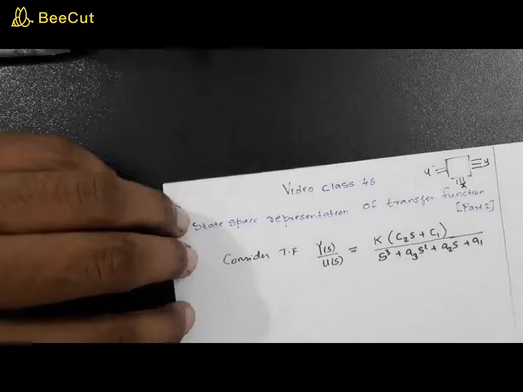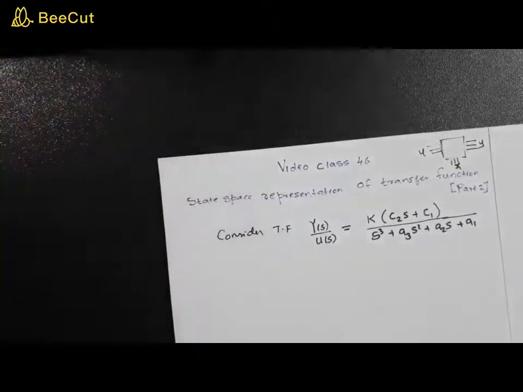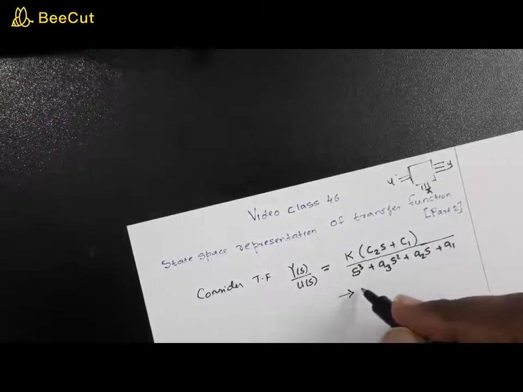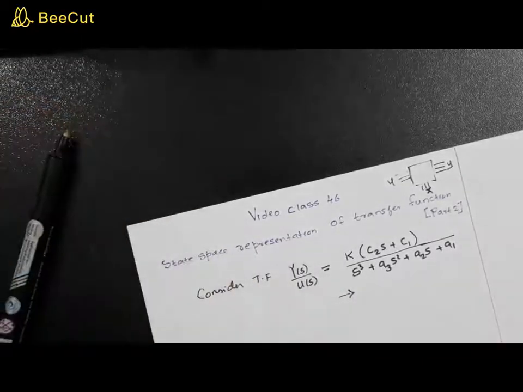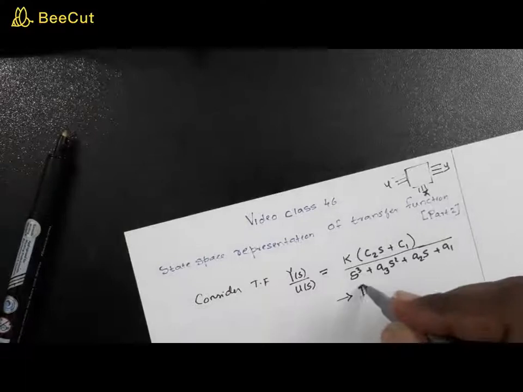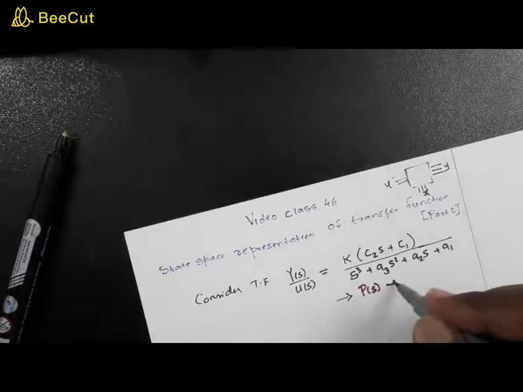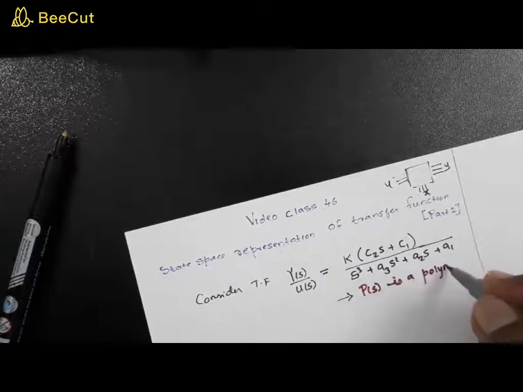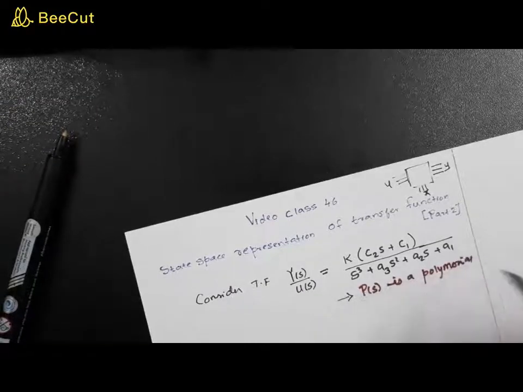Okay, let this be the transfer function. Now the speciality of this transfer function is that p of s is a polynomial. It is not a constant.